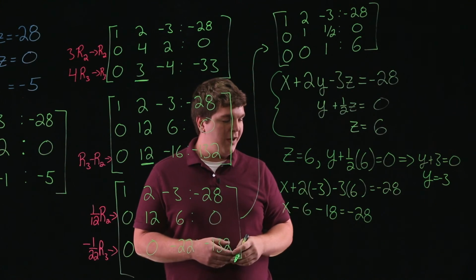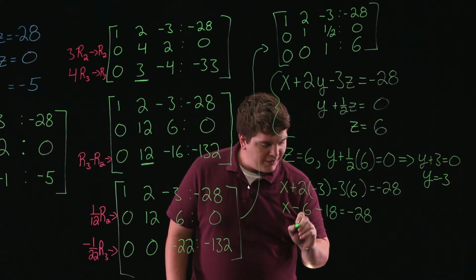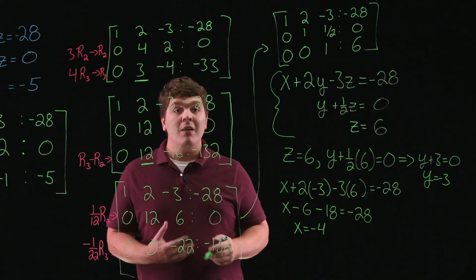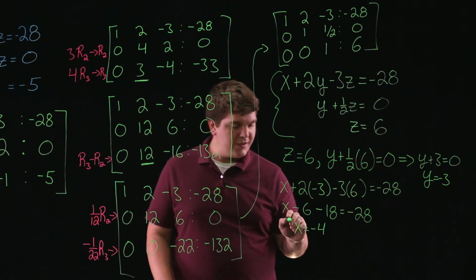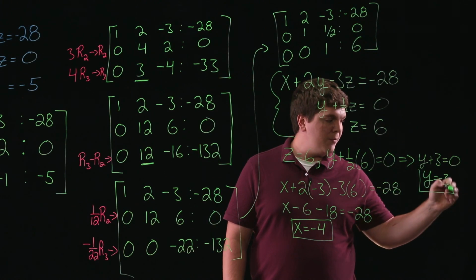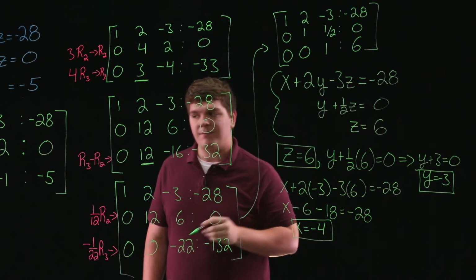If we add 24 to both sides of the equation, we have x is equal to -4. So our solution to our original system is x equals -4, y equals -3, and z equals 6.